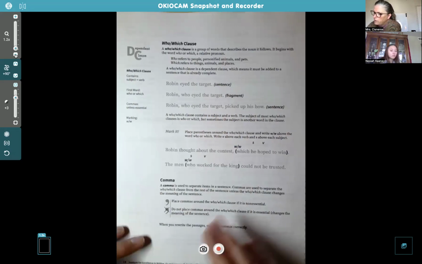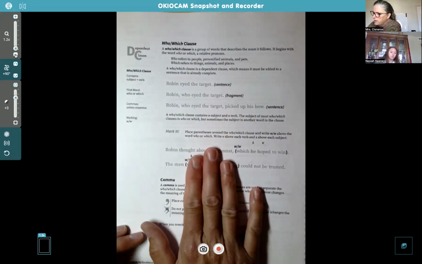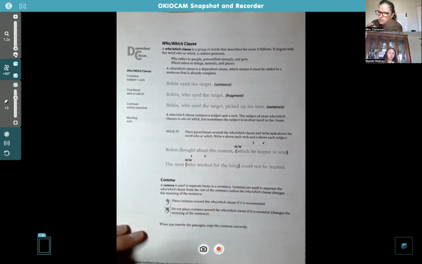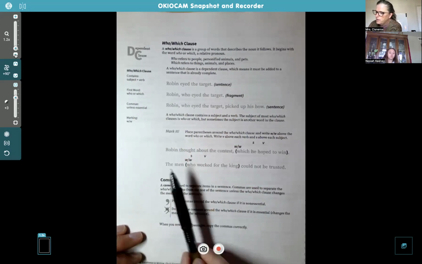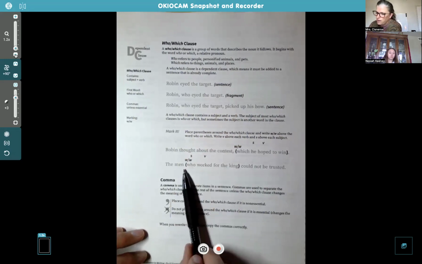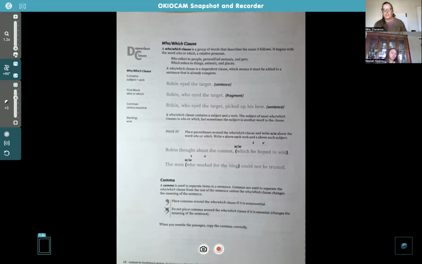So without that who clause, if I just covered it up, it would say the men could not be trusted. But now that we added who worked for the king, that does change the sentence because it's telling who those men are. The men who worked for the king could not be trusted, not just any men or man. It was those specific men who worked for the king. So if it changes the sentence, no commas. If it does not change the sentence, then yes, comma. That's the rule down here.